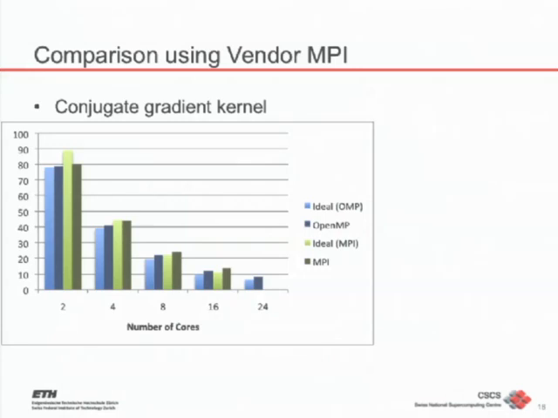What we can see here, using the vendor MPI, using the best MPI available, is a variety of different benchmarks with MPI and OpenMP being of similar performance all the way down. In this particular case, it looks as though OpenMP is slightly faster. And when we push out to the extreme, we get these numbers, but notice that we're looking at different numbers of threads in this case.